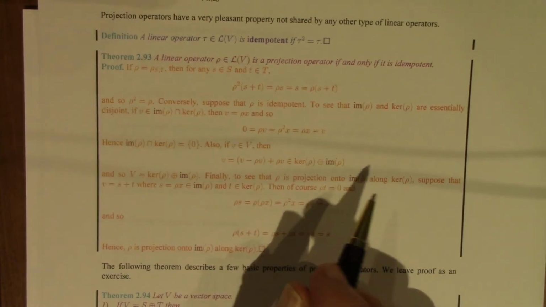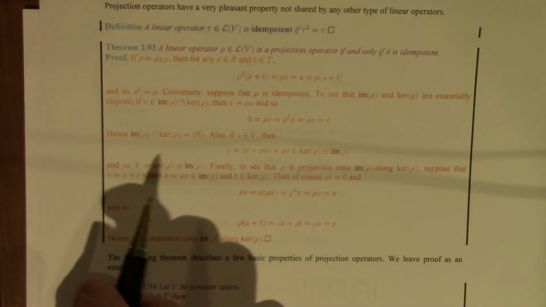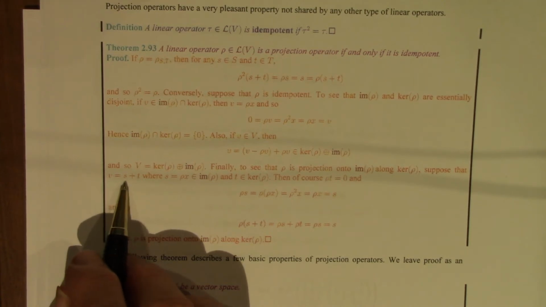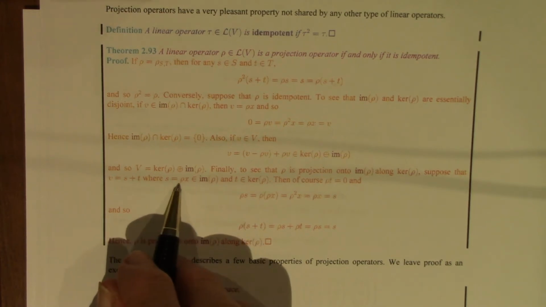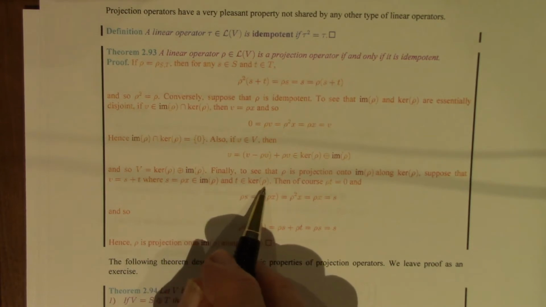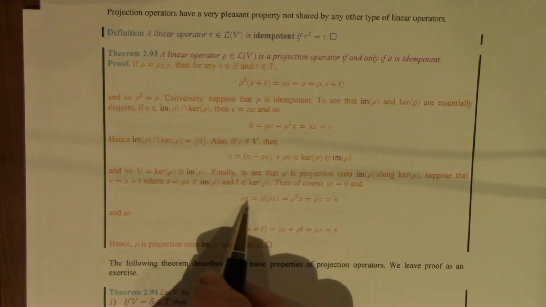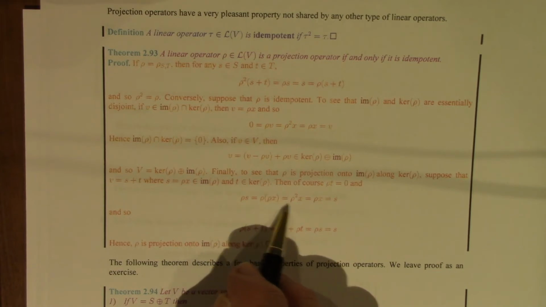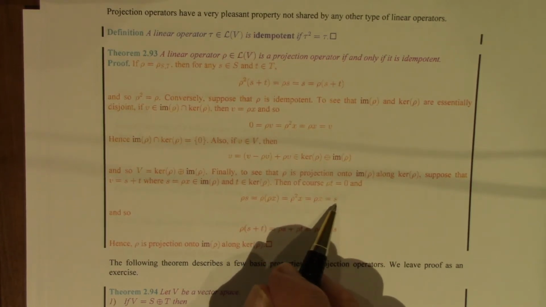Finally, to see that ρ is actually projection onto the image of ρ along the kernel, suppose, again, we write a vector v as s plus t, where s is in the image of ρ, so it's ρ of x, and t is in the kernel of ρ. Then, of course, ρ of t is 0, so ρ of s is ρ of ρ x, ρ squared of x, which is ρ of x, because ρ is idempotent, and that's equal to s.